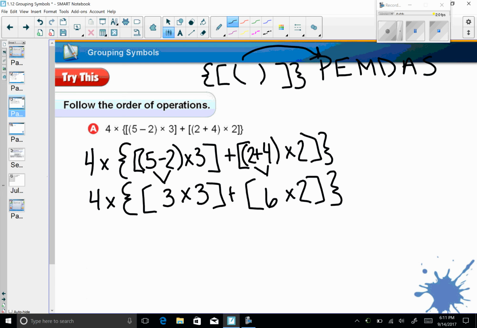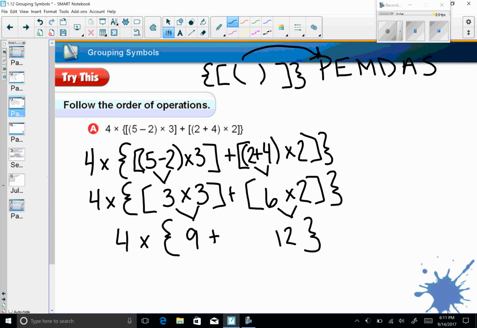All right, now I'm going to go to the next one, which would be my brackets. So solving the brackets, bringing down all of the symbols I have not used yet. This would be a 12.